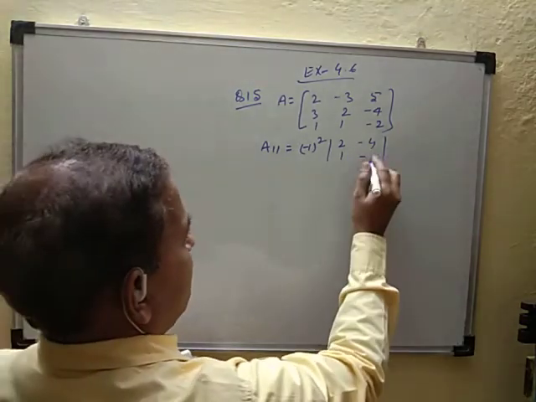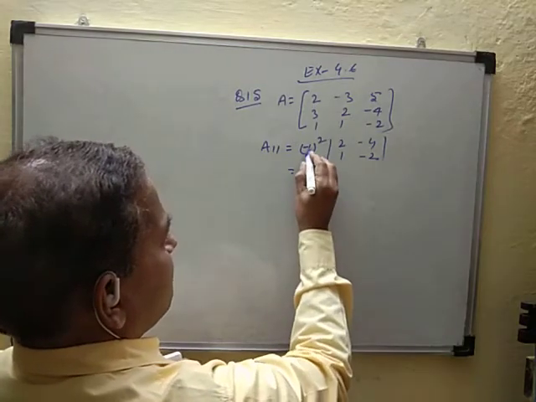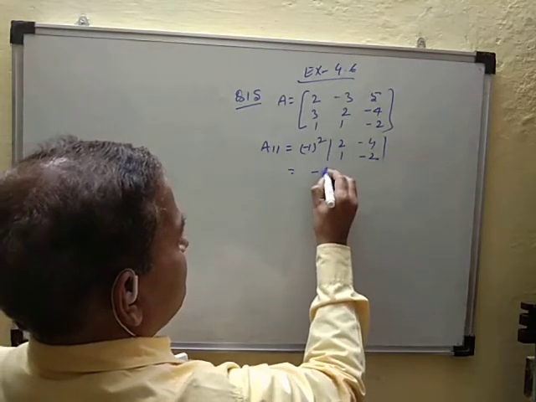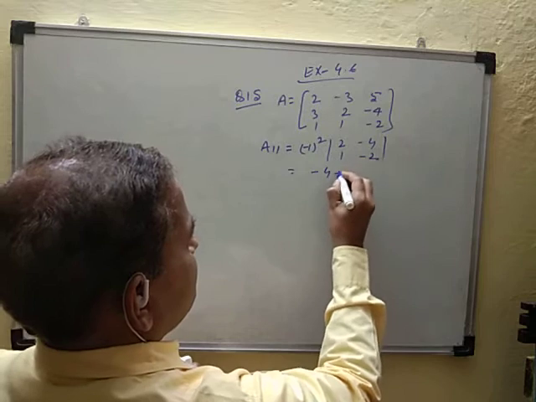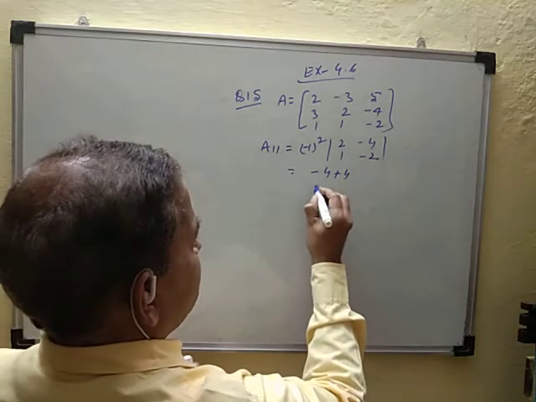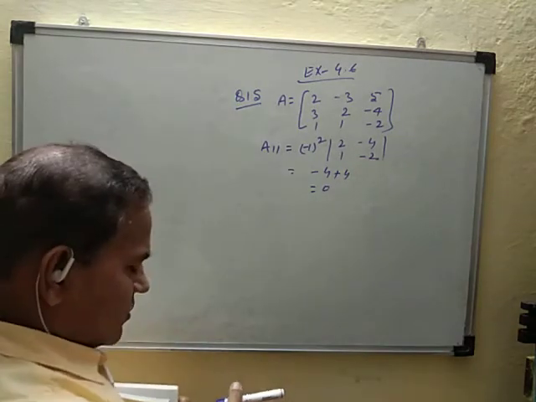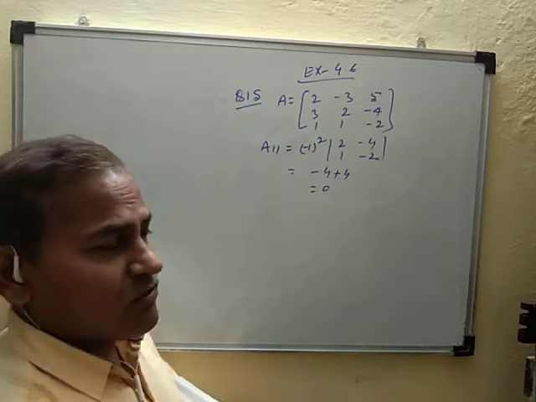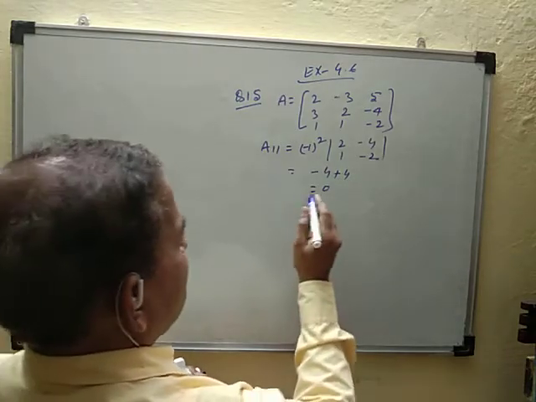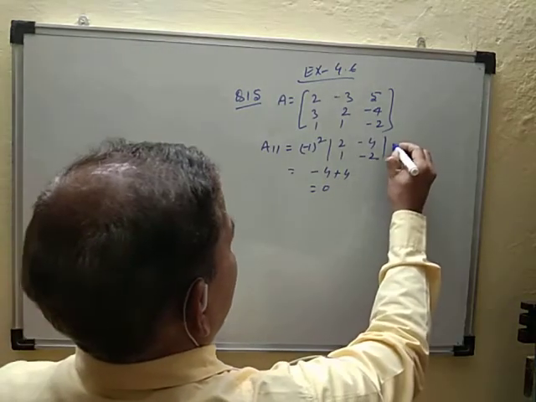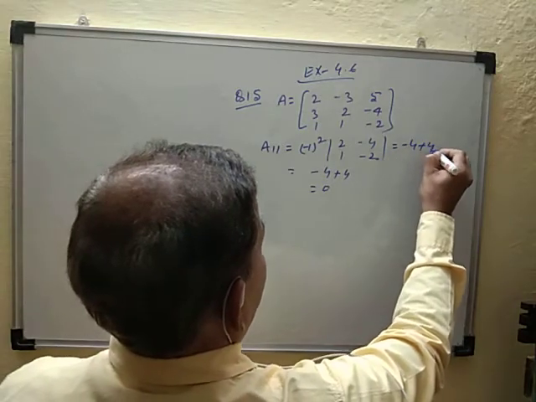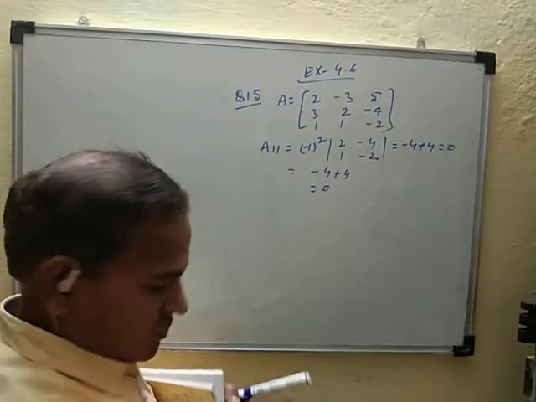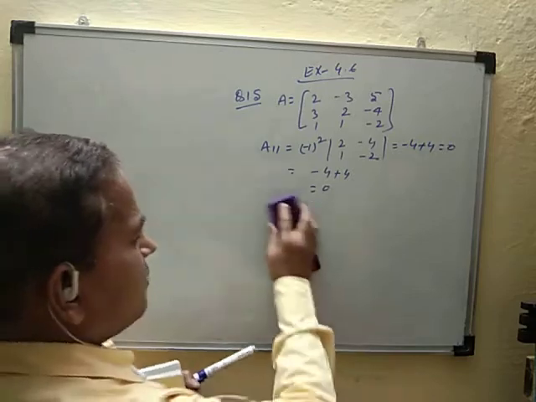Now cross multiply, this becomes 1. So minus 4, then minus 4, that is plus 4, is equal to 0. So A11 is 0. This is the value of A11.